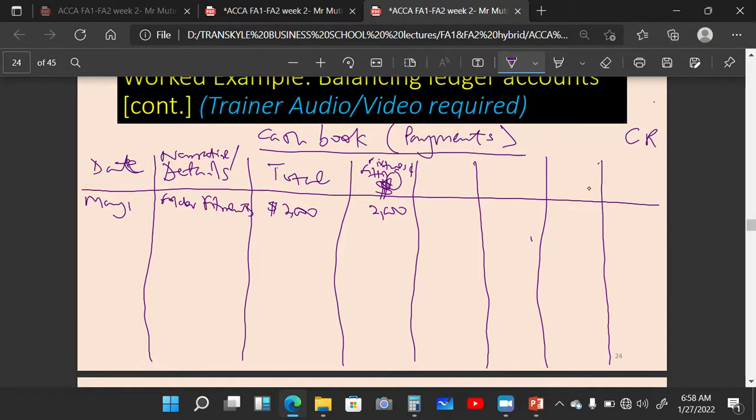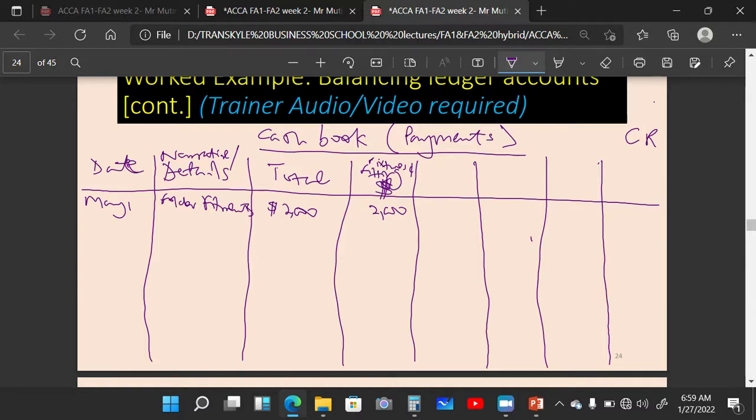But do not be confused. Entries on the credit side don't mean that their corresponding debit entries are found in the same cash book. No, it doesn't work like that. We bought goods for cash from Folder Fitments.